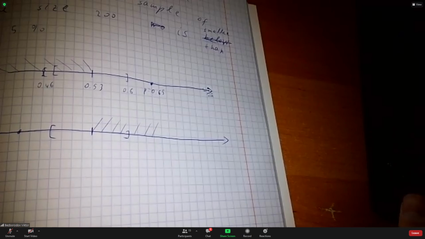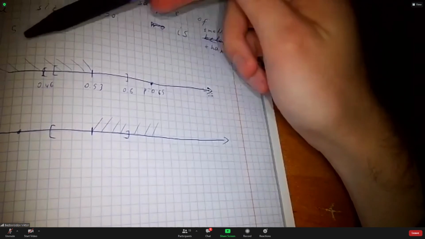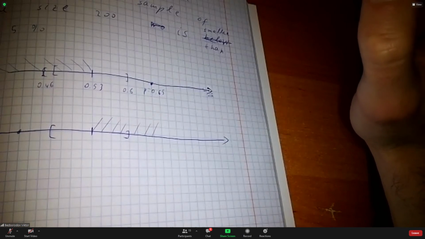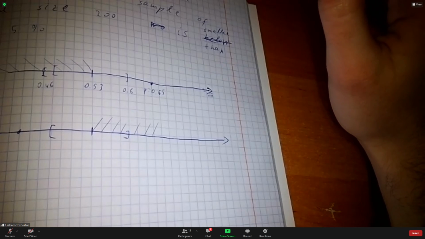It's not impossible, but it is unlikely. This is where the confidence comes from. If you're outside this interval, you would observe such a large discrepancy in 5% of cases or lower. So it's not very likely.